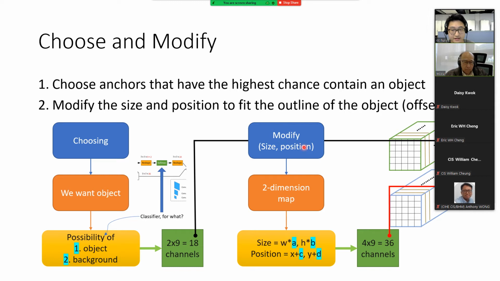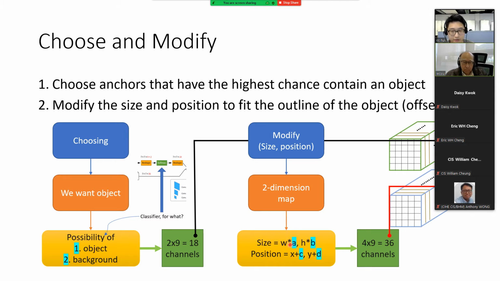Second, we want to modify the size and the position of the anchor boxes to fit a real object box. Because we are on a two-dimensional map, the size has to be multiplied by some scale, and the position is also moved by some distance.